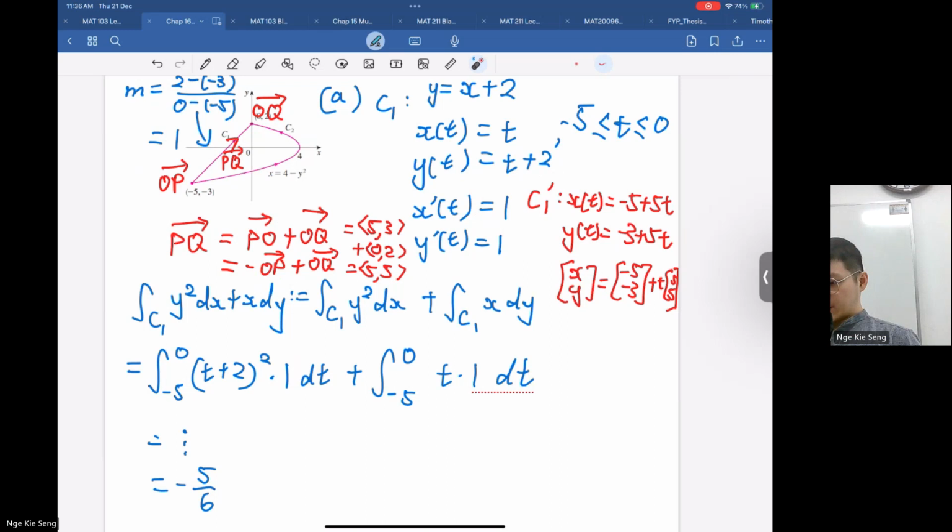You can see that this x prime and y prime have different derivative now. They have 5 instead of 1 here. But at the same time, the time interval changes from 0 to 1 instead.